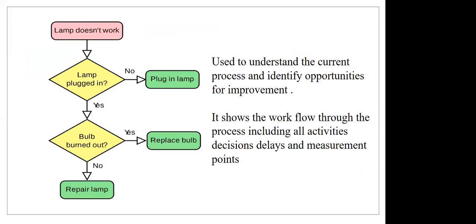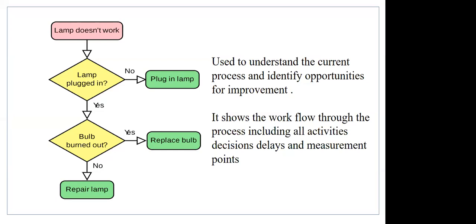So this is an example. Suppose the lamp doesn't work. We are plotting down a flowchart for this case. First, we have to check whether the lamp is plugged in or not. If it is not plugged in, please plug it in and check whether the issue has been solved.